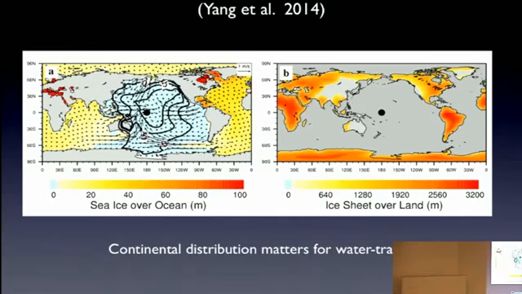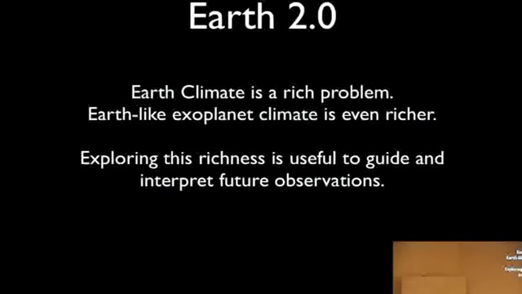So what I'm trying to illustrate with these few slides is that we know the Earth's climate problem is rich and complex. When you get to exoplanets, there are even more interesting things happening.